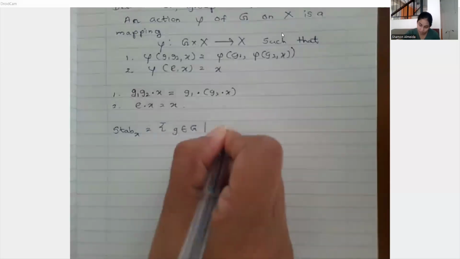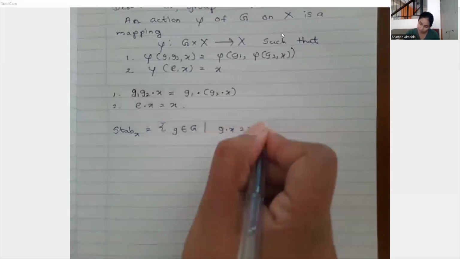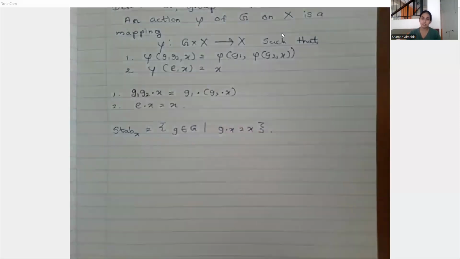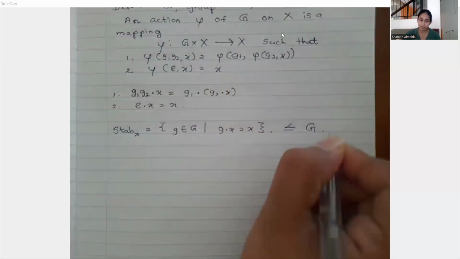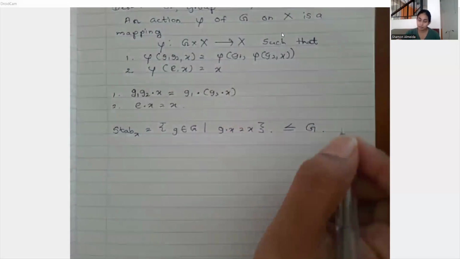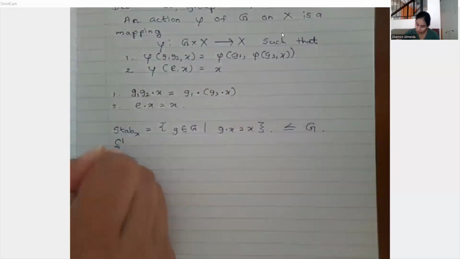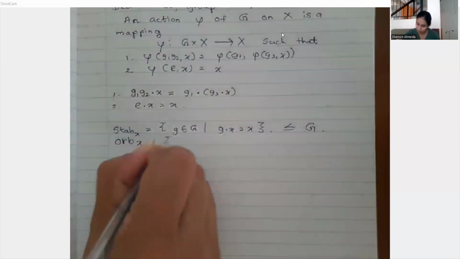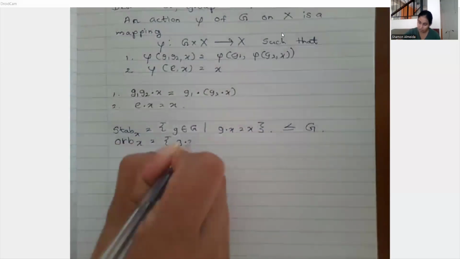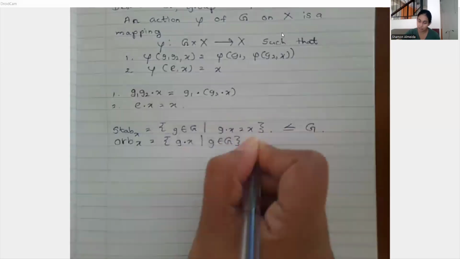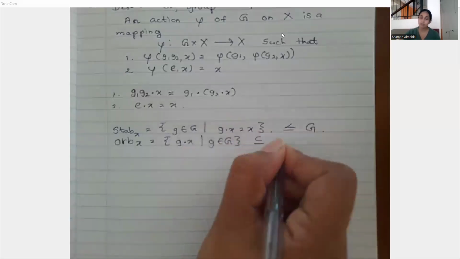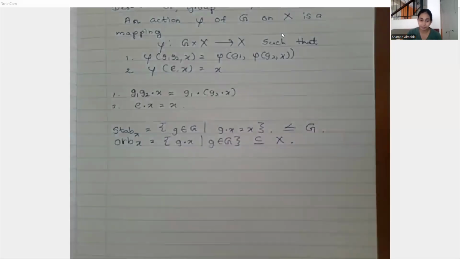So G dot X is equal to X. Every G in G that fixes the element X. And we showed that this is actually a subgroup of G. And we defined the orbit of an element X to be G dot X for every G that you take from the group. And this we showed to be a subset of the set X.